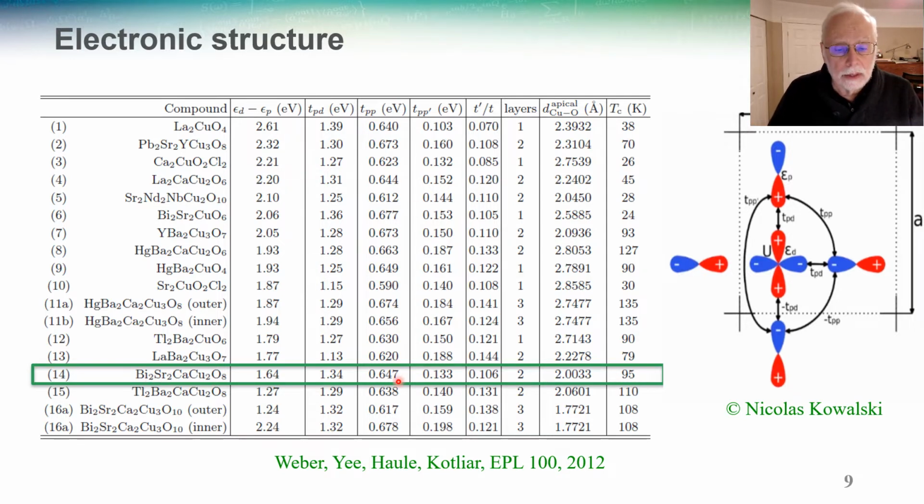If you compare all the values here in this column, they are very similar, so we will take this as our unit of energy. Then if you look at the various columns rapidly, you see that the parameters don't vary that much, perhaps factors of 2, compared with the wide range of variations of the optimal transition temperature.